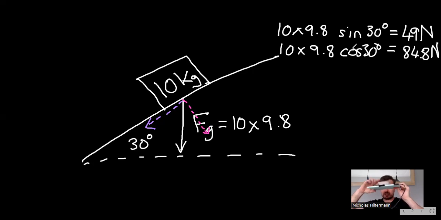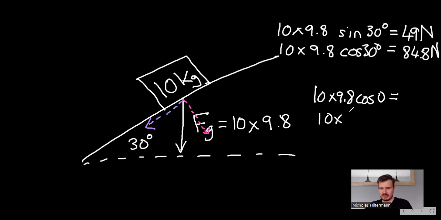If I have this here, without an angle, what do I get? So there's no angle there. So I would have 10 times 9.8 cos 0, because there's no angle, and 10 times 9.8 sine 0.